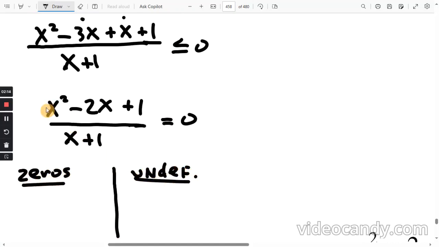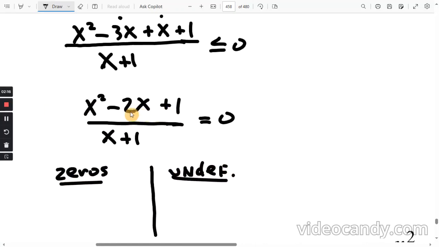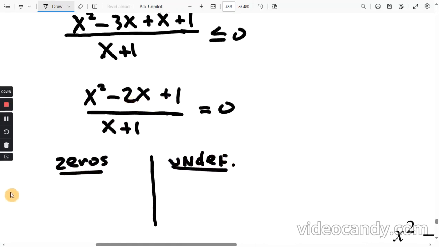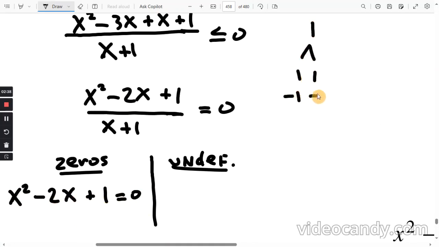The zeros are when the numerator equals 0. So if we have x squared minus 2x plus 1, we need to factor that. All right, we need two numbers that multiply to 1 and add to -2. If we write out the factors for 1, that's either 1 times 1 or -1 times -1. That adds to -2.